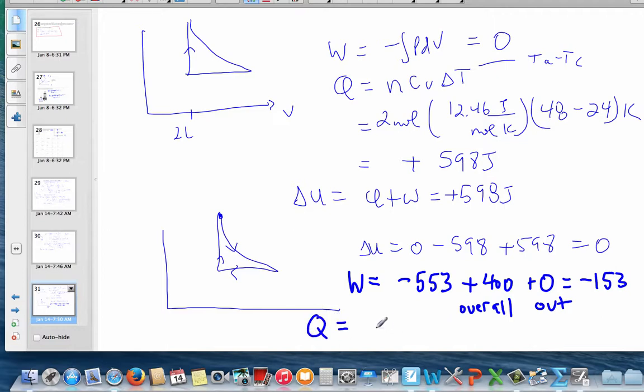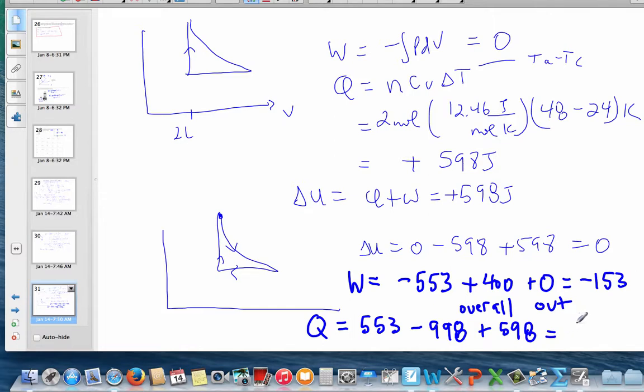Well, first of all, we had positive thermal energy flow into the gas in the isotherm. Then, in the isobaric process, we had negative thermal energy flow out to the environment. Then in the isometric process, once again, we had thermal energy flow in, or positive.